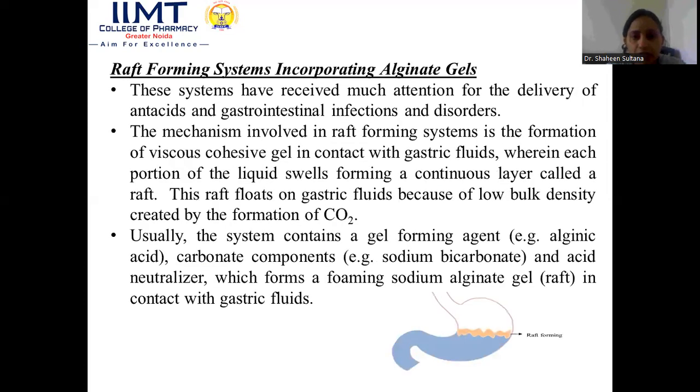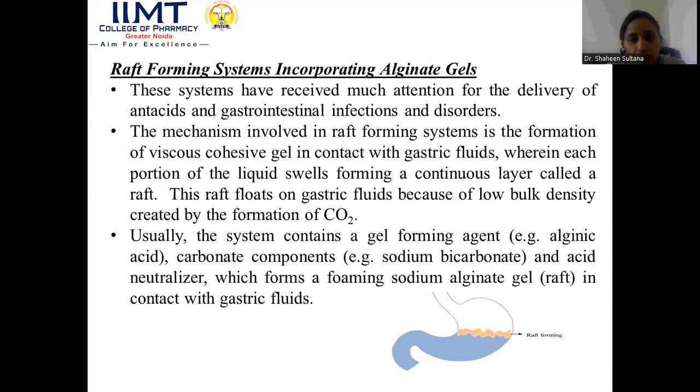Now, raft forming systems incorporating alginate gels have received much attention recently for the delivery of antacids and for gastrointestinal infections. The mechanism is the formation of a raft. A raft is basically a gel forming layer, a layer of gel that will be formed inside the GIT fluids.